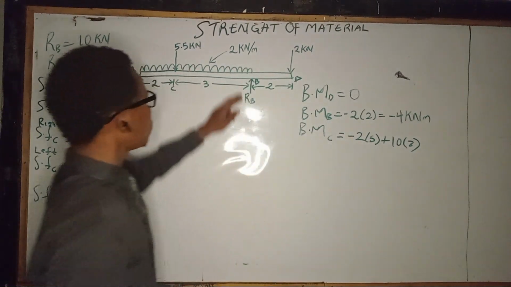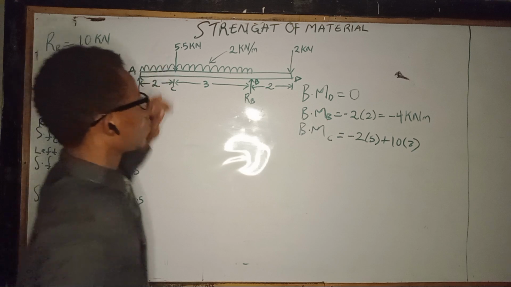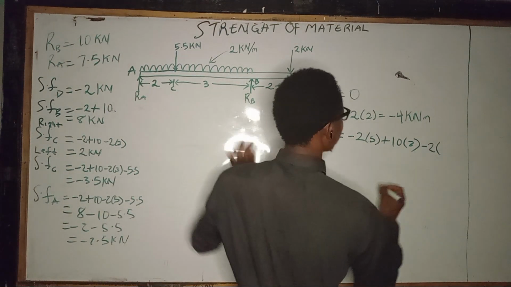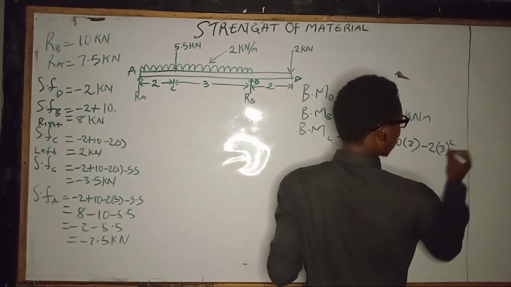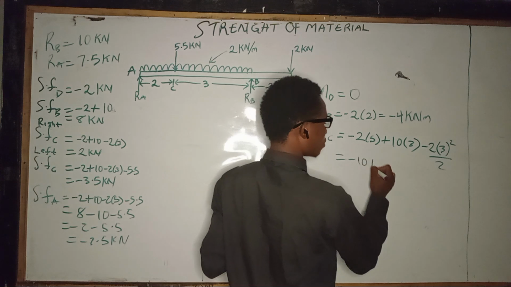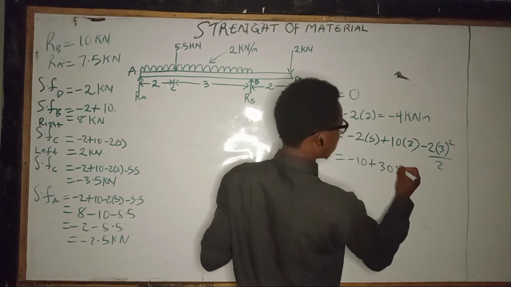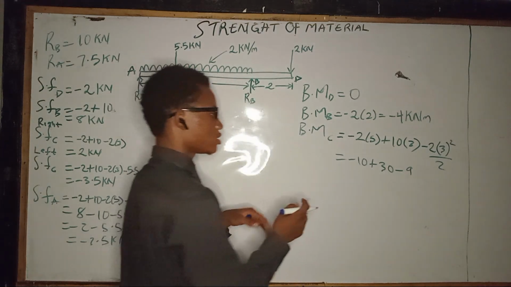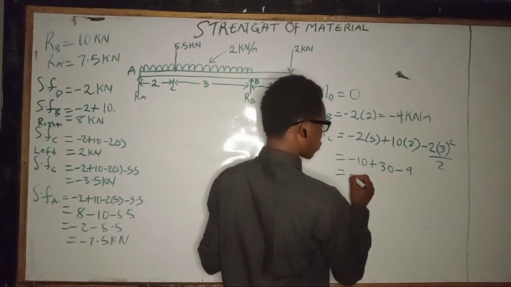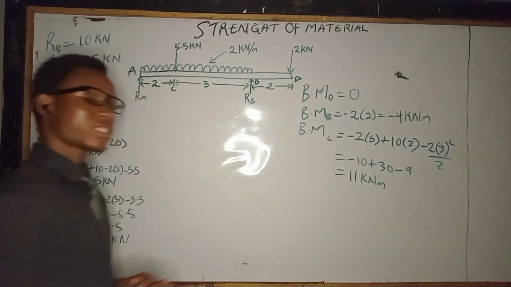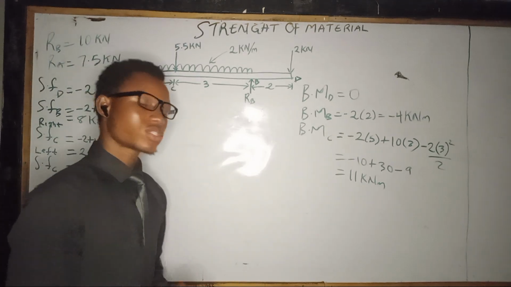And for the uniformly distributed load applied from here to here, we have minus 2 times the distance squared, 3 squared, over 2. So if we solve this, we have minus 10 plus 30, then minus 9. That is equal to 30 minus 19, which gives us 11 kilonewton meter. The bending moment at C is equal to 11 kilonewton meter.